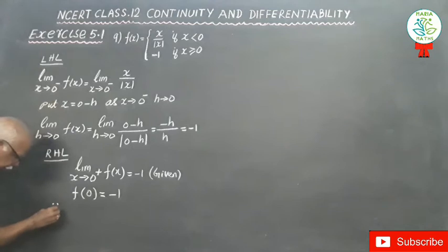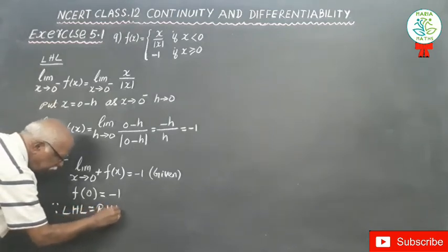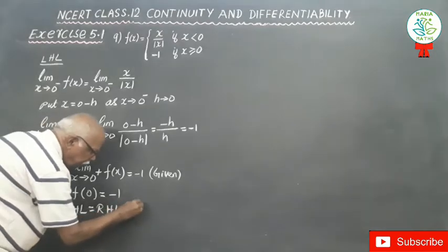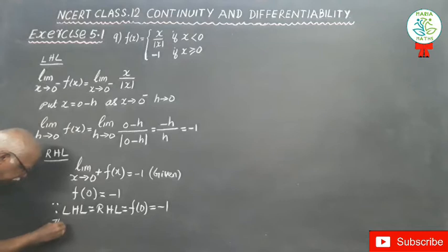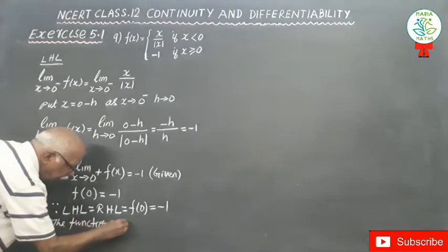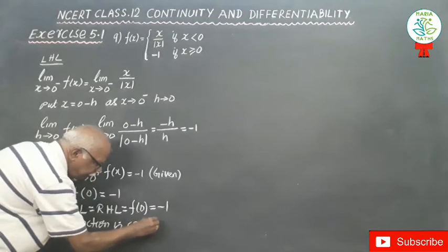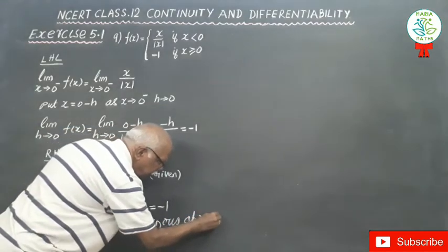Since LHL equal to RHL equal to f of 0 equal to minus 1. Therefore, the function is continuous at x is equal to 0.